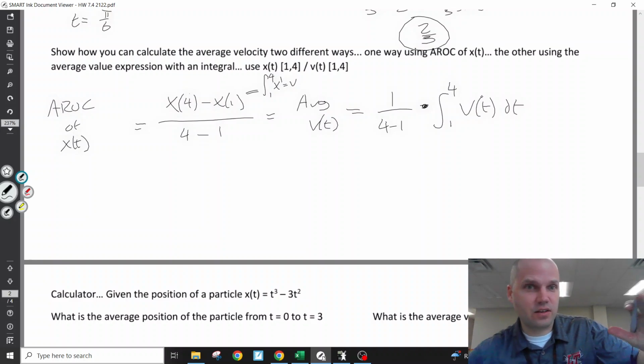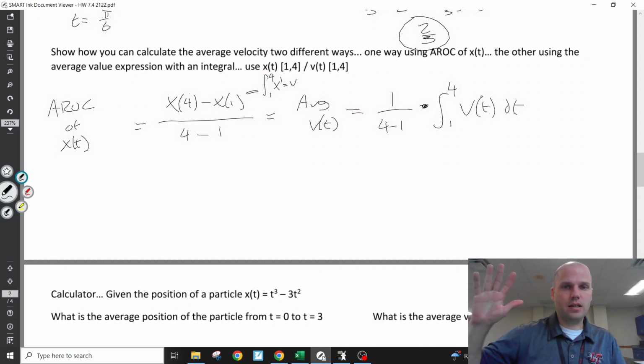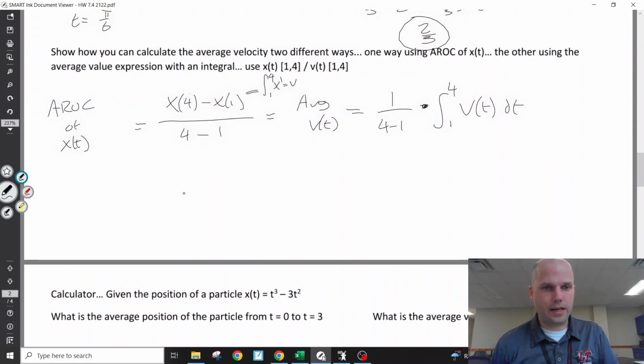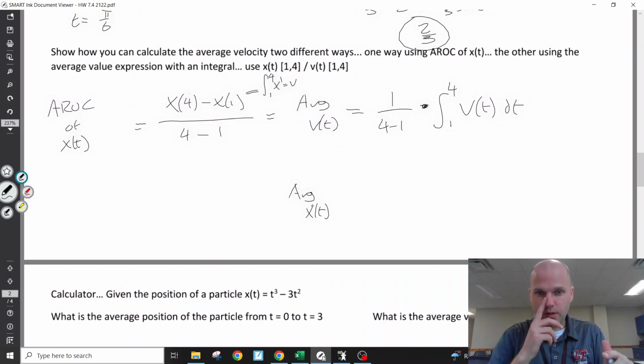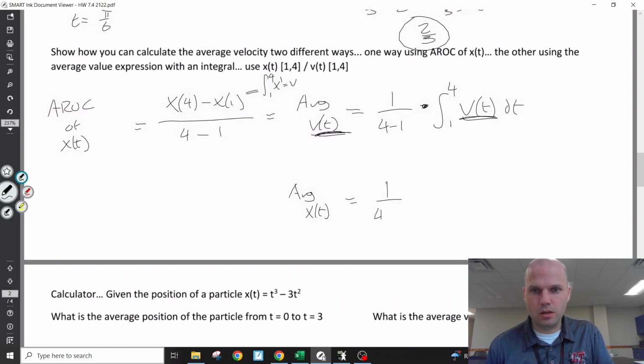Now, why this gets confusing is I could do the same thing with position or acceleration or anything. Average position. Okay, well, if average velocity includes the area under velocity, the average position would be this. The area under position.